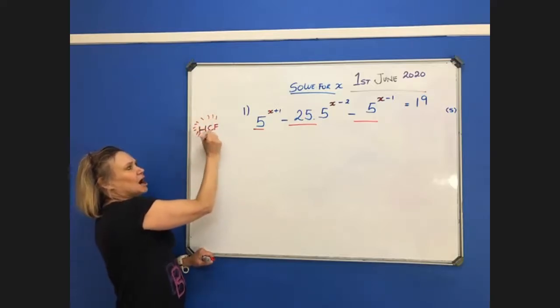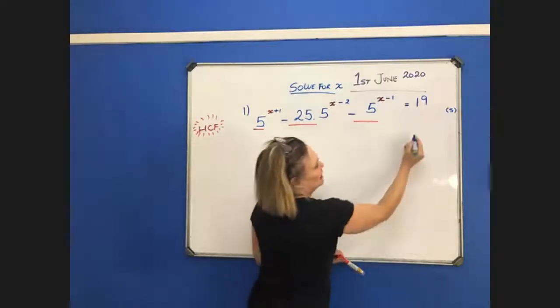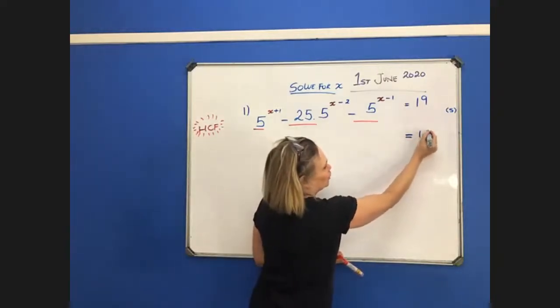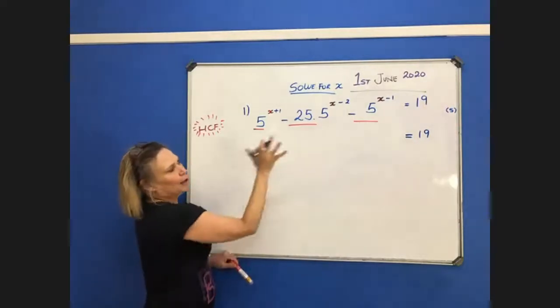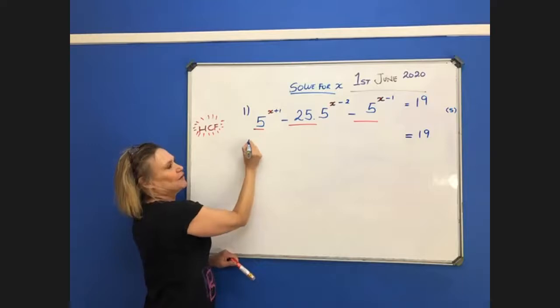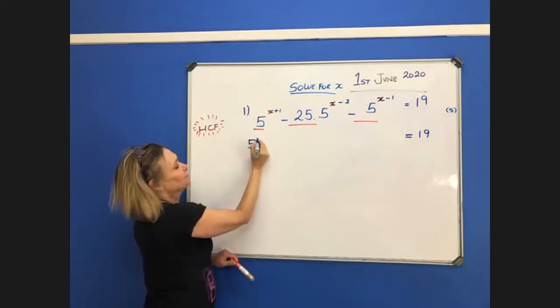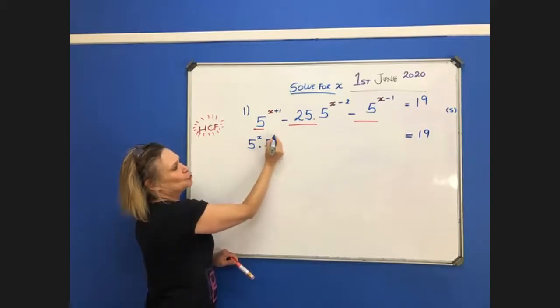Now, if it's a highest common factor question, I told you, leave the constant on the right. That number is going to change. To help you, I said, break something like that to its factors. So that would be 5 to the x times 5 to the 1.